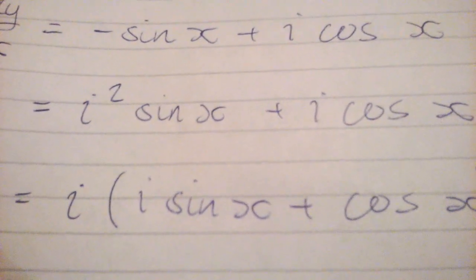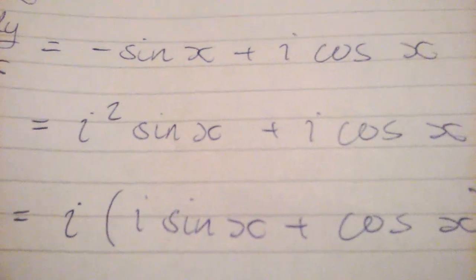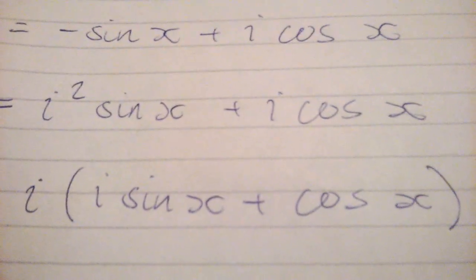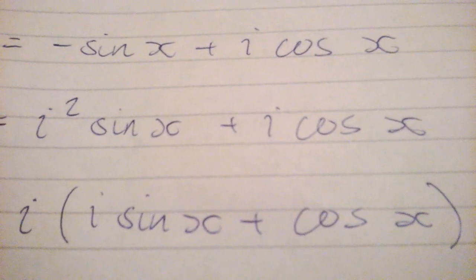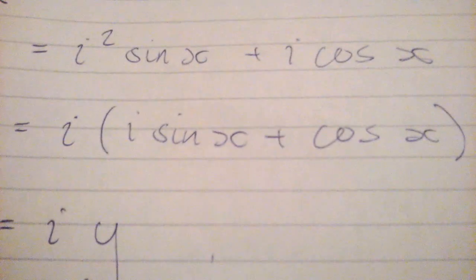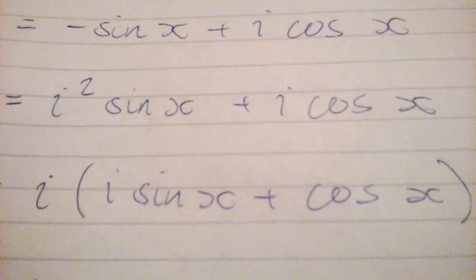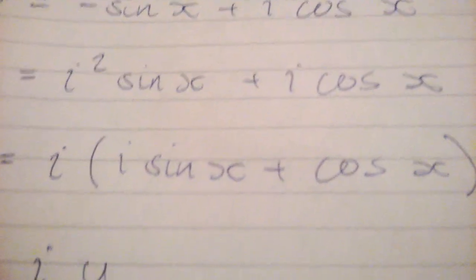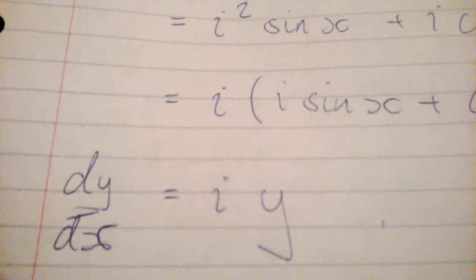So if we take i as a common factor to factorize it, it's i, and then we get brackets, i sine x plus cos x, close brackets. And of course, because the cos x plus i sine x, which is the other way around, is how we defined y, we have dy by dx equals i times y.